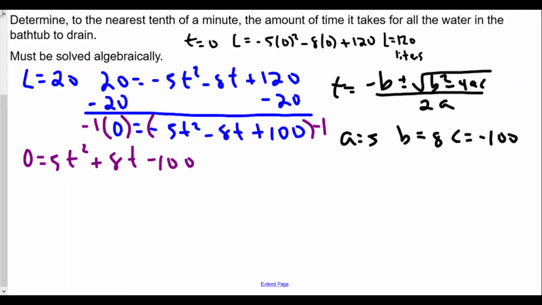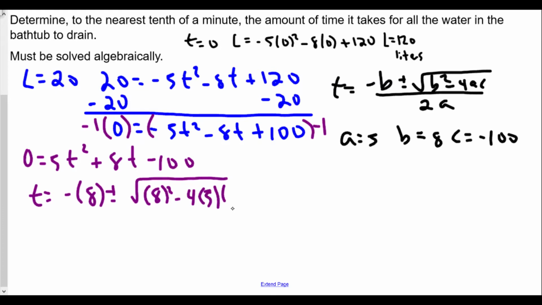Here we get t is equal to negative 8 plus or minus the square root of 8 squared minus 4 times 5 times 100, all over 2 times 5.